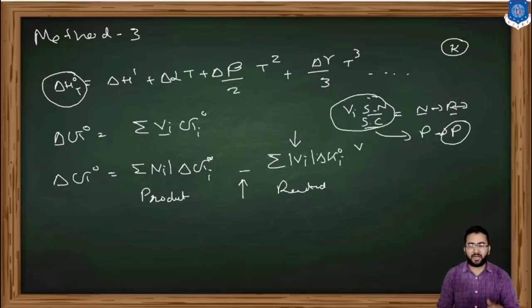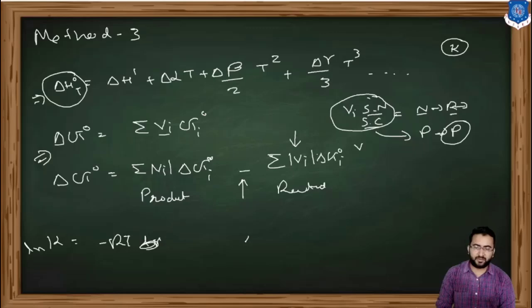When an element enters the reaction, its standard free energy of formation may be taken as 0. So using the values of delta H naught and G naught, we can find the value of K using various equations.